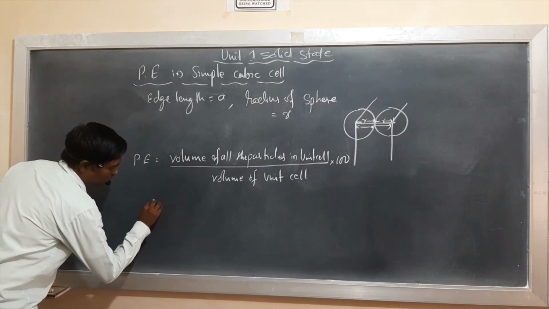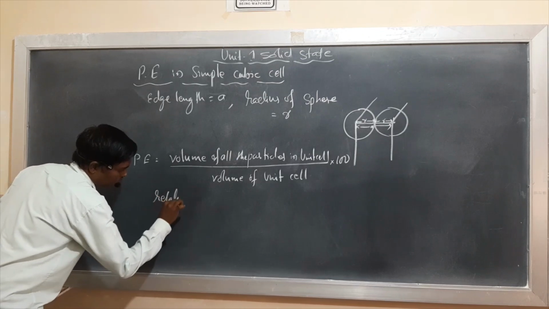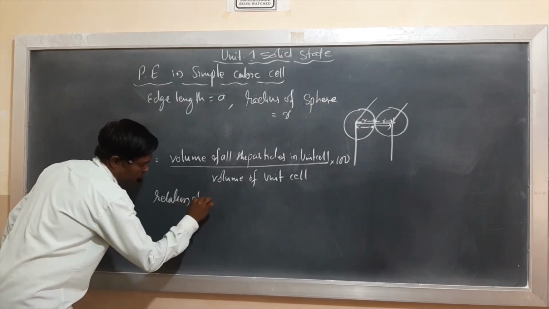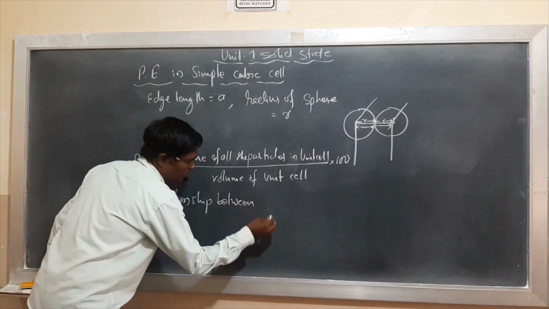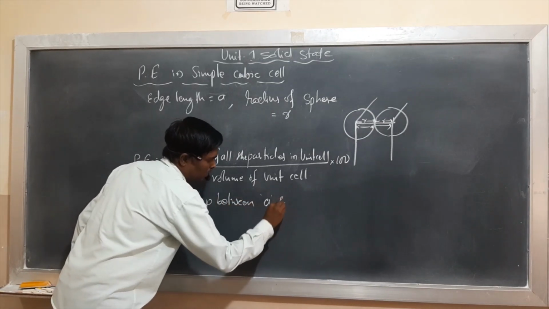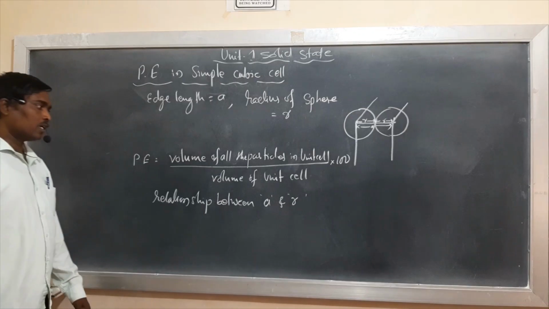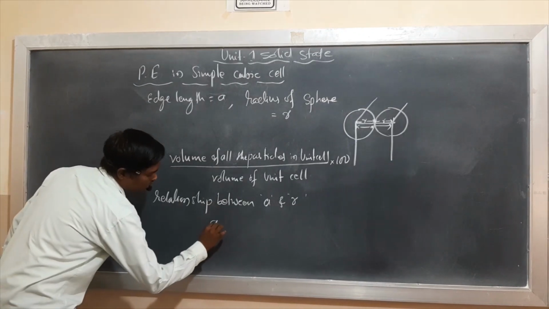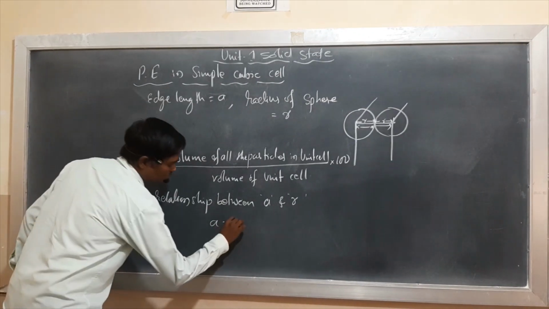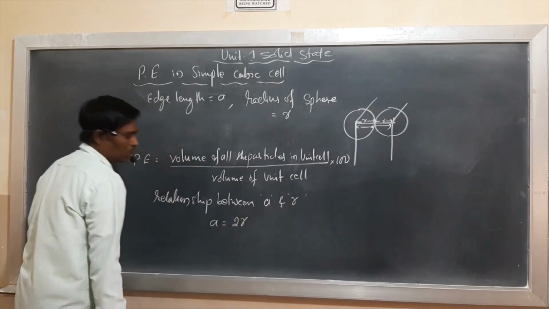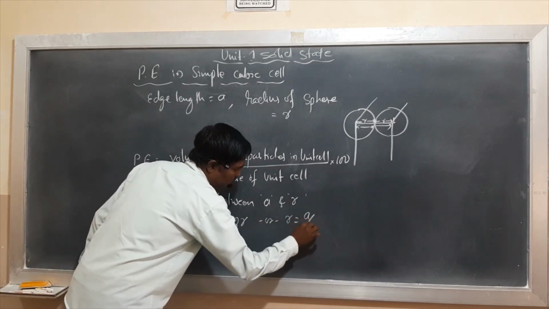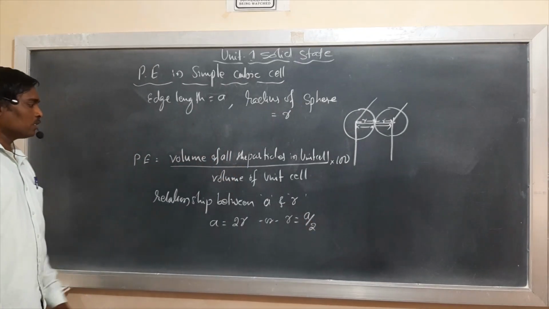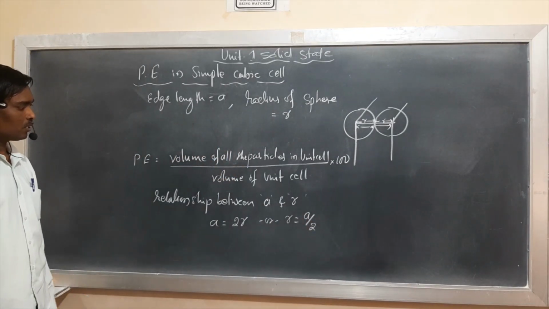So the relationship between a and r is, the edge length is equal to r plus r, that is 2r, or we can write r is equal to a by 2. This is the relationship between the edge length and the radius of the sphere.